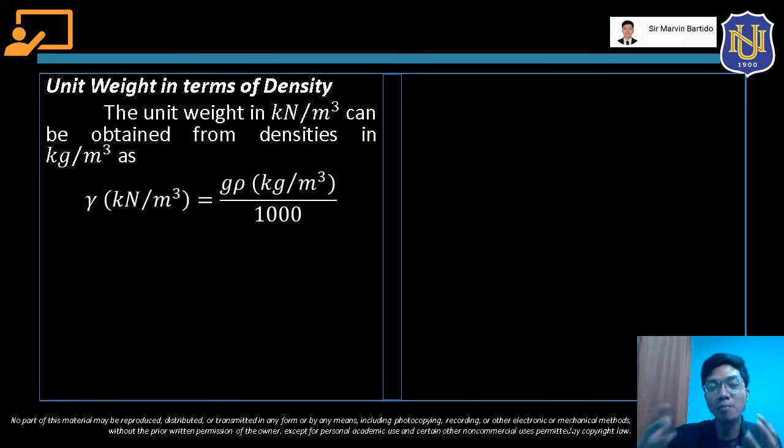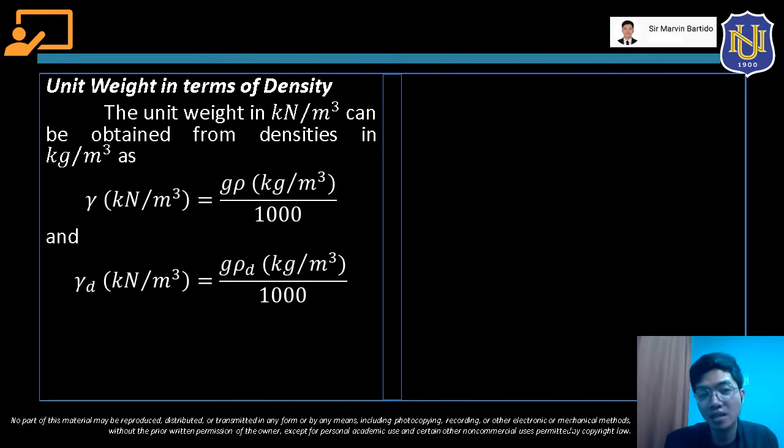So, class, to convert the Newton to kilonewton, that will be divided by 1,000. That is why we divide this by 1,000. Okay, so that our unit weight here will be kilonewton per meter cube. Okay, so this, class, is the relationship of unit weight and density. So, we just multiply the density by G, or acceleration due to gravity. So, the same goes, class, for gamma dry.